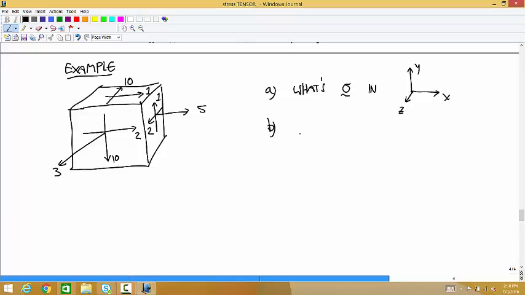And then second, what's the stress tensor in a coordinate system with the z-axis this way, the y-axis up, and now the x-axis has to be going back into the page.